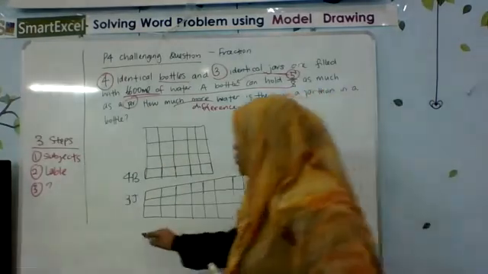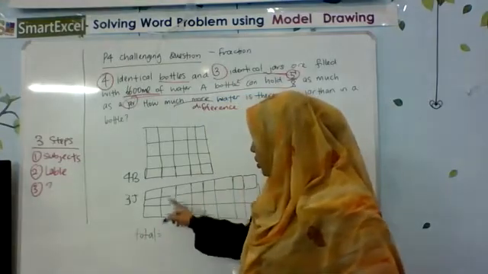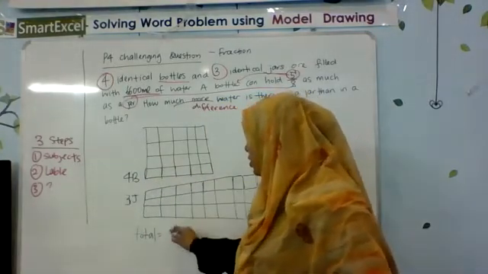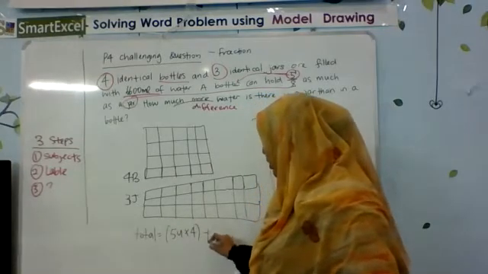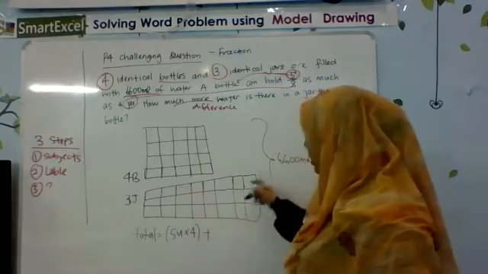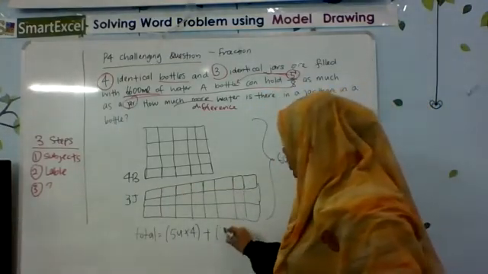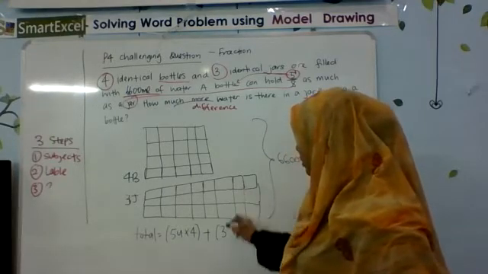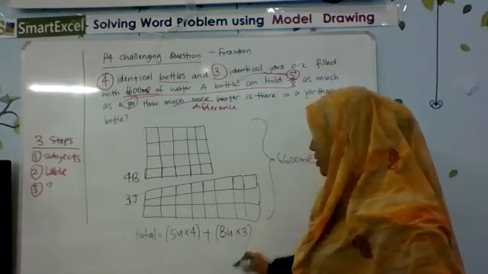So how do we find the total units? For your bottles, you have 4 bottles and 1 bottle is 5 units, so 5 units multiplied by 4. And for your 3 jars, 1 jar is 8 units, so we multiply 8 units by 3 jars.